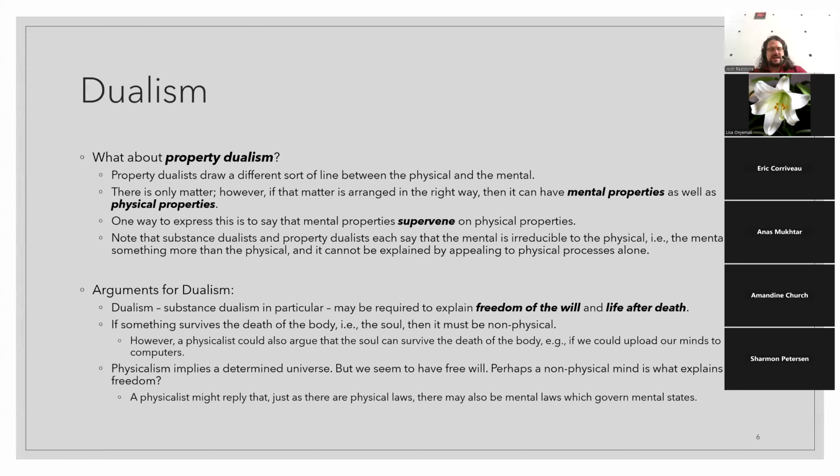But yeah, getting back to it, arguments for dualism. Maybe it preserves the possibility of life after death. Although a physicalist could also say maybe the soul can survive the death of the body in a certain sense. Like, what if we could somehow upload our minds into computers or into robot bodies or something?